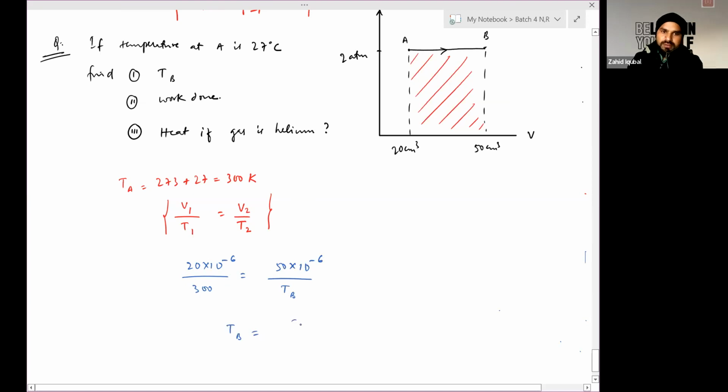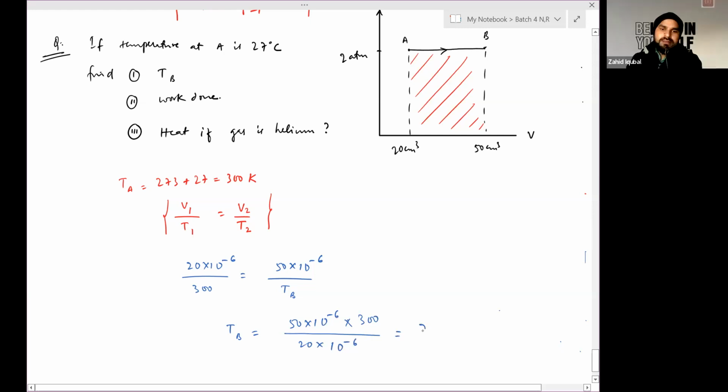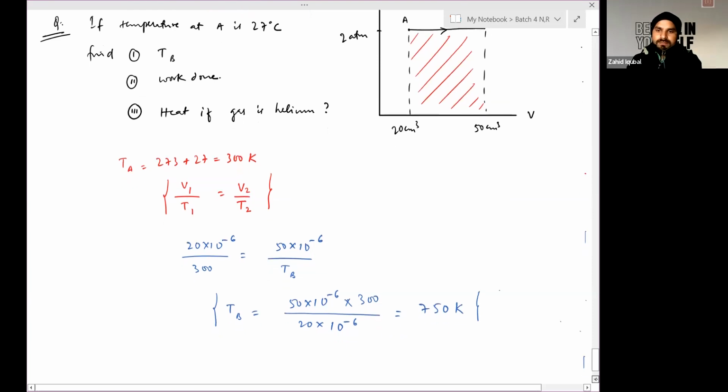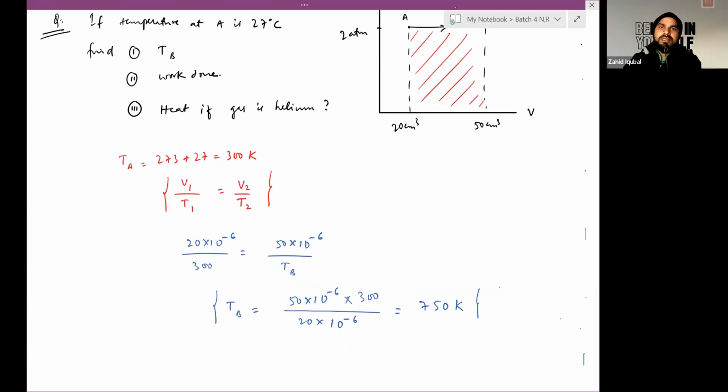TB equals 50 times 10 to the power minus 6, times 300 moved to the right side, it gets multiplied, whole divided by 20 times 10 to the power minus 6. On solving, you'll get 750 Kelvin. Nabila, you got the same answer? No, sir, I made a mistake in calculation. Okay.